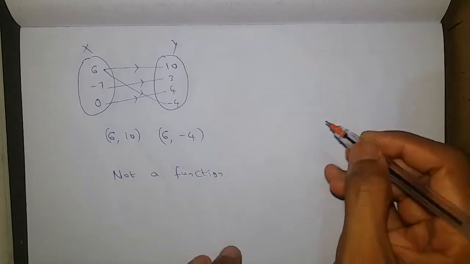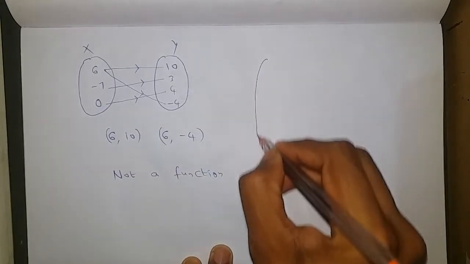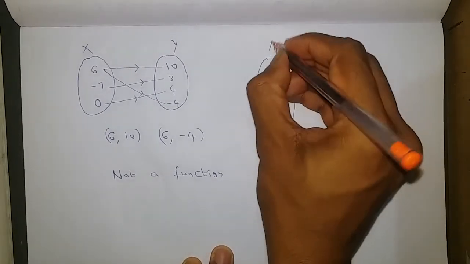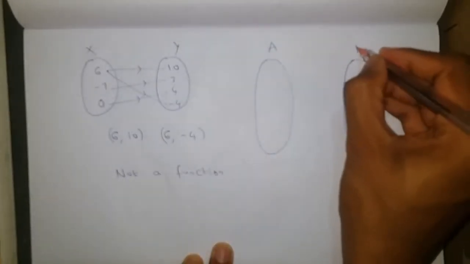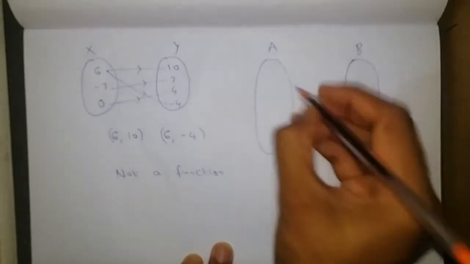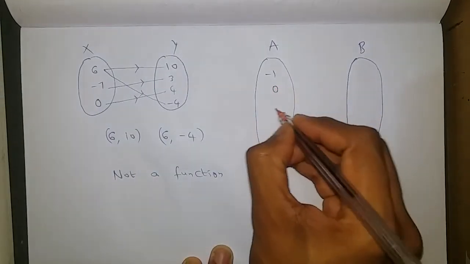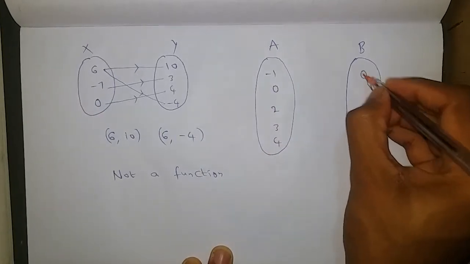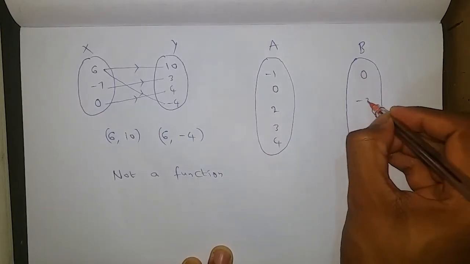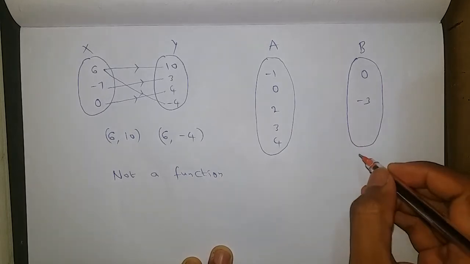Now let us take one more. I have set A and one more set B. In set A, I have minus 1, 0, 2, 3, 4 and in set B, 0, minus 3 and 5.